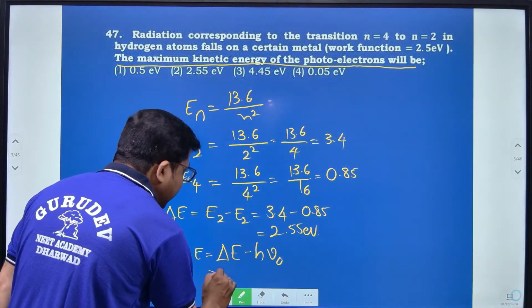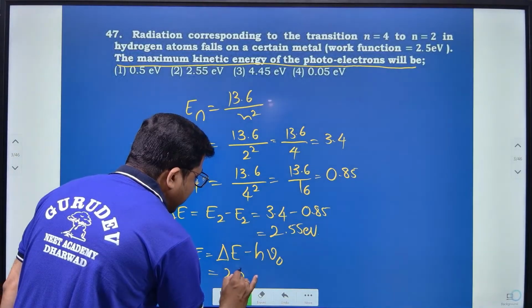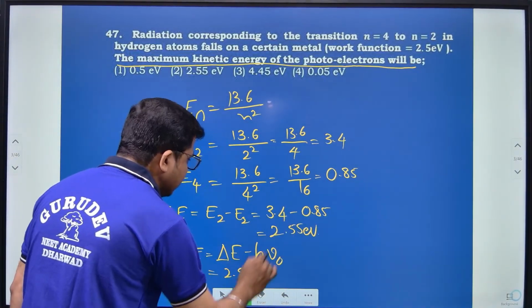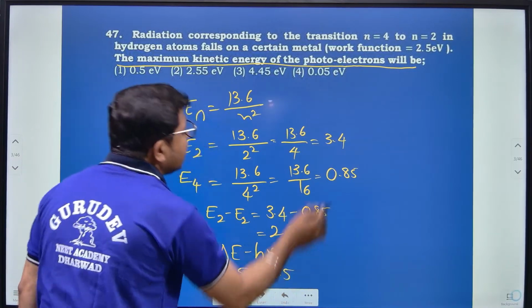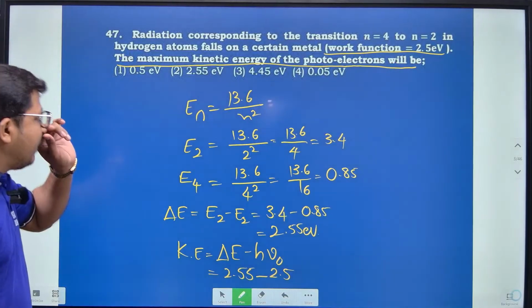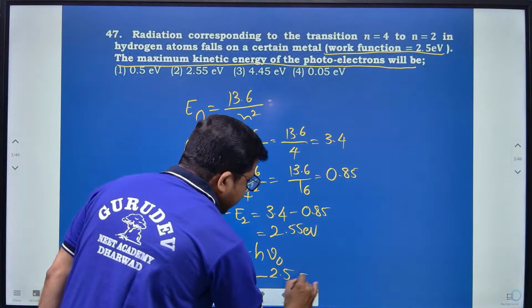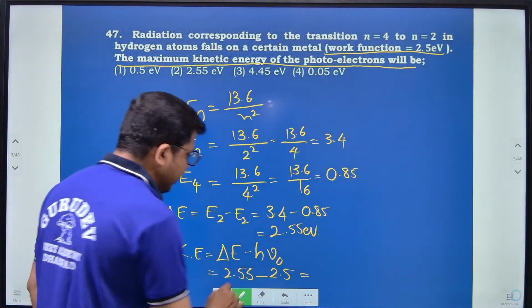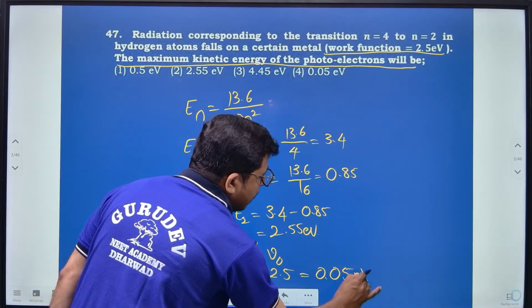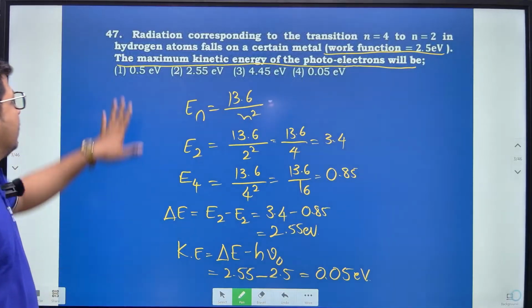I will substitute here: 2.55 minus 2.5, the work function they have mentioned here. Therefore the answer will be 0.05 electron volt. Let us read the options.